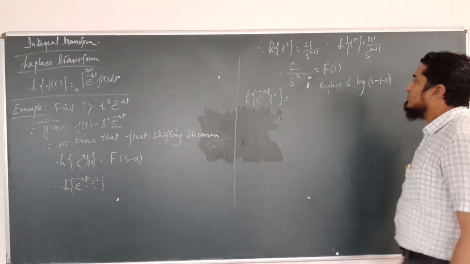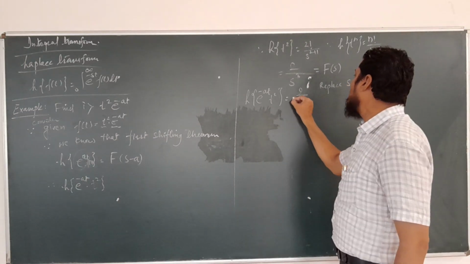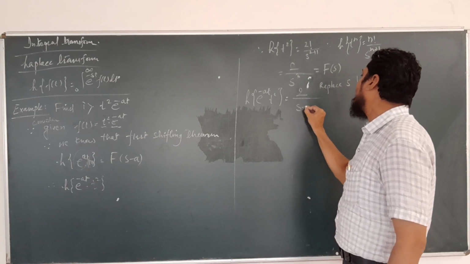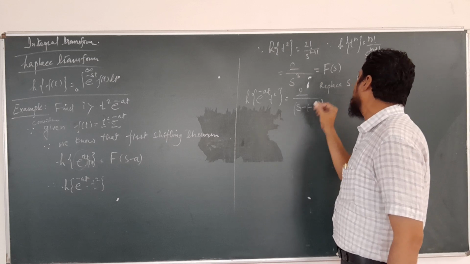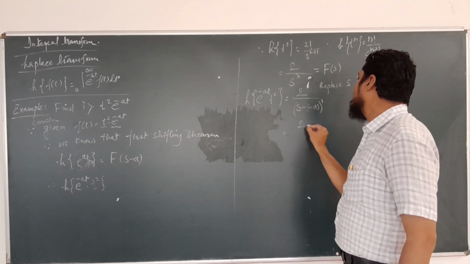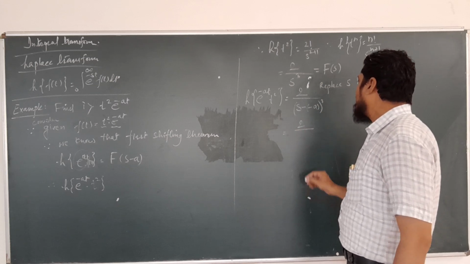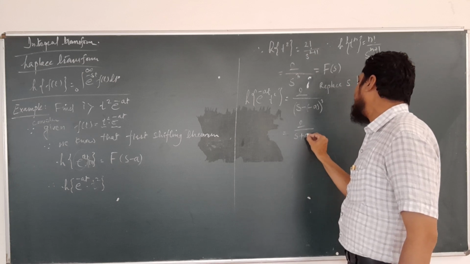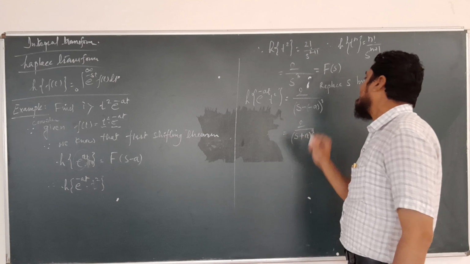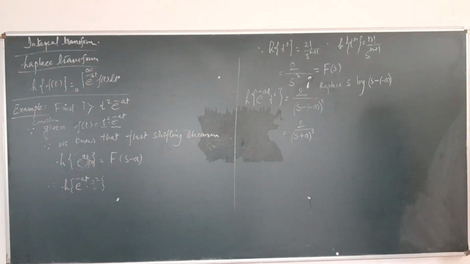So we replace 2 upon s cube by 2 upon s minus of minus a, that is s plus a, bracket cube, and it is the final answer: 2 upon (s plus a) cube.